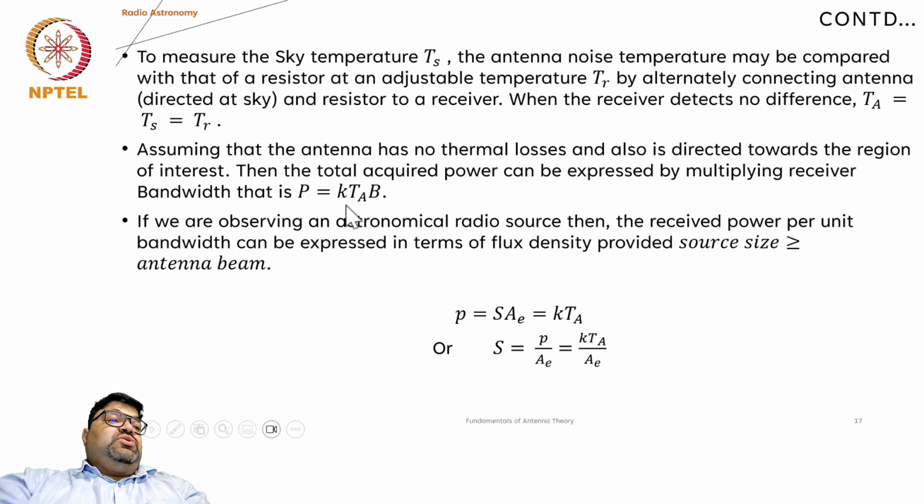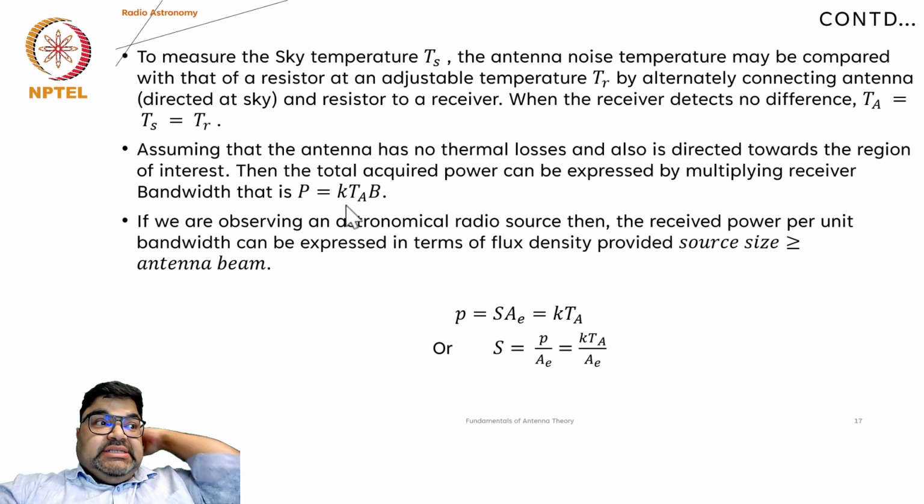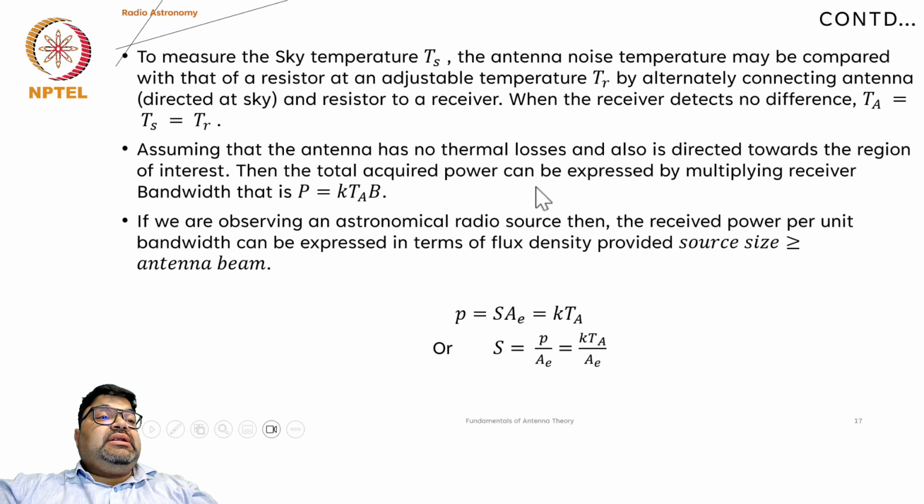Assuming that an antenna has no thermal losses and is directed towards the region of interest, the total acquired power can be expressed by multiplying by the receiver bandwidth, that is P is equal to k times T antenna times the bandwidth B. If you are observing an astronomical radio source, then the received power per unit bandwidth can be expressed in terms of flux density, provided the source size is greater than the antenna beam. So the flux density can be expressed in terms of the noise and the antenna temperature.